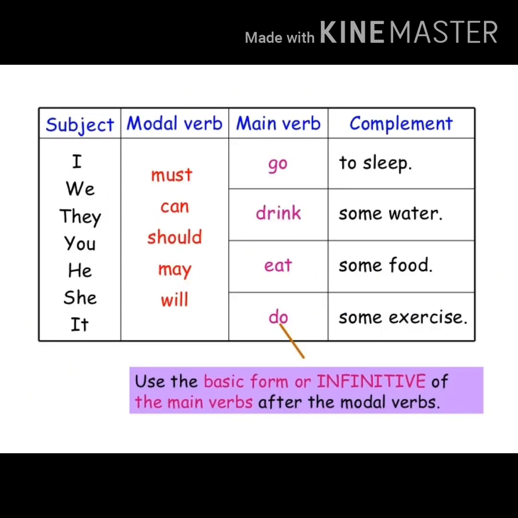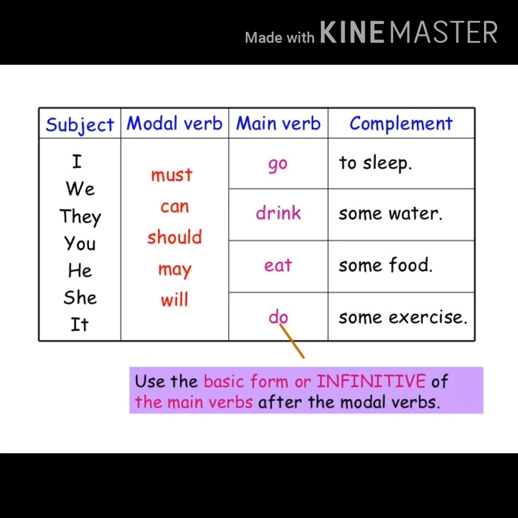Well, if we talk about making sentences by using modal verbs, what we need to do, you can just look into this box. First of all, we will start our sentence with the subject. Then after the subject, we need to add a modal verb and then the main verb and then the object or the complement of the subject.